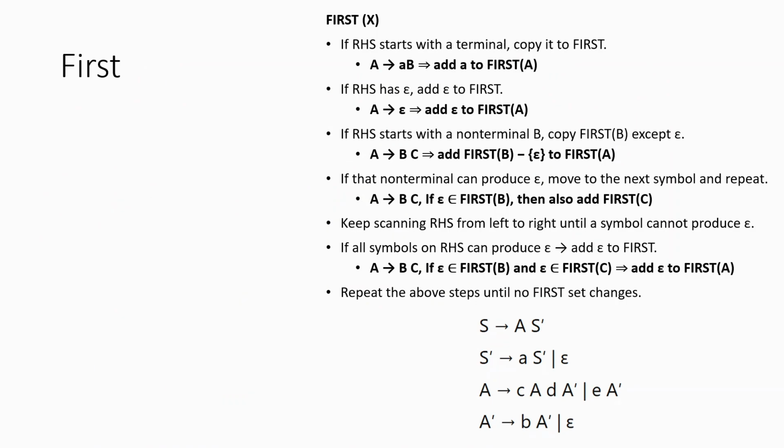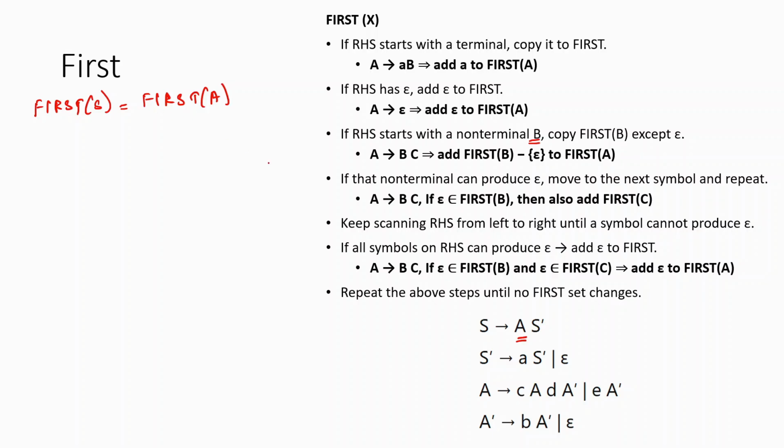So now we have to do the first and follow. This is our left recursion removed grammar. For this, now we have to find the first of the non-terminals. First, we take first of S. First of S is the first of the first symbol A. So we have to calculate the first of A. If the right hand side starts with a terminal, copy it.